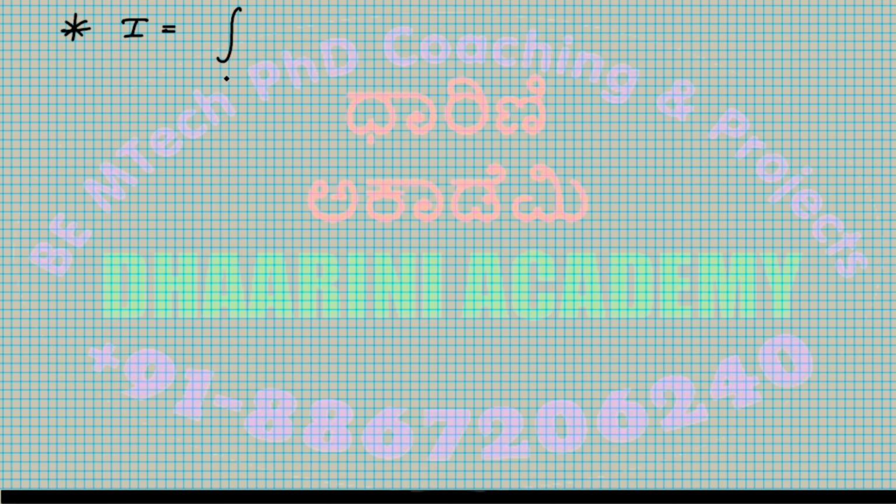So I is equal to integral 0 to log 2, integral 0 to x, integral 0 to x plus log y, e to the power x plus y plus z, dz dy dx.